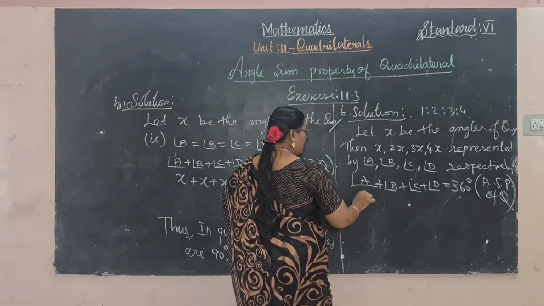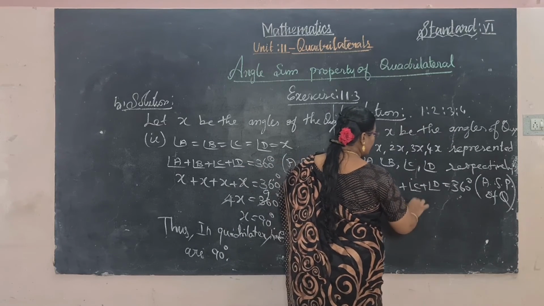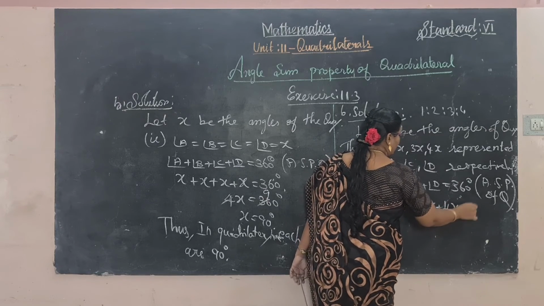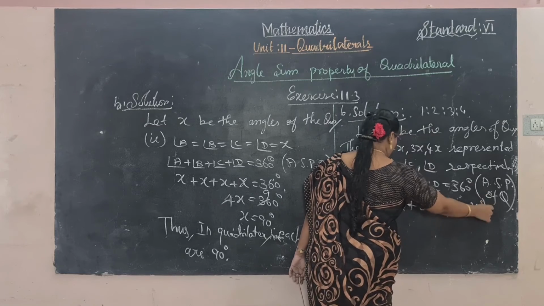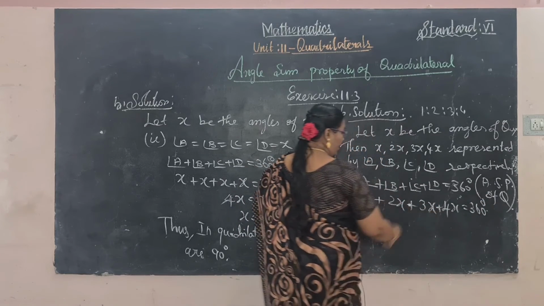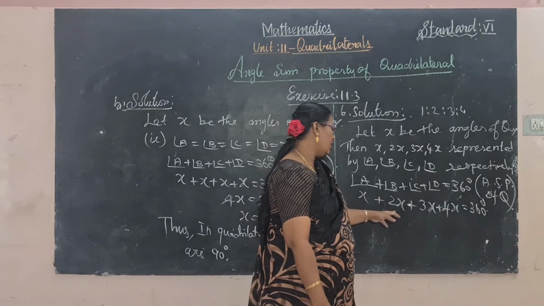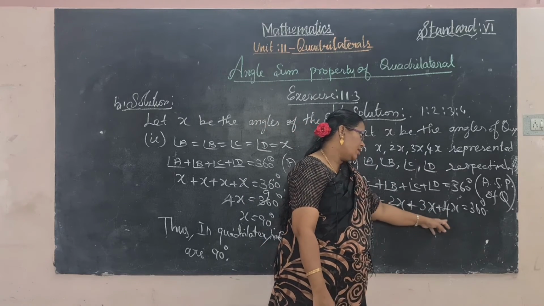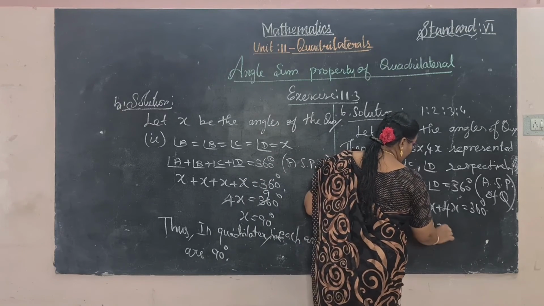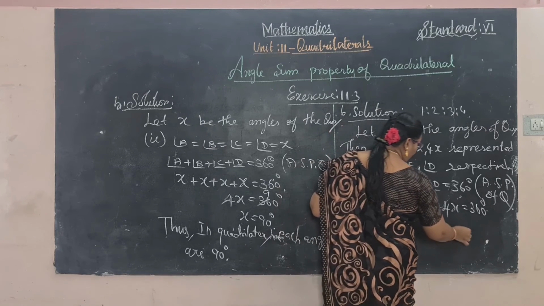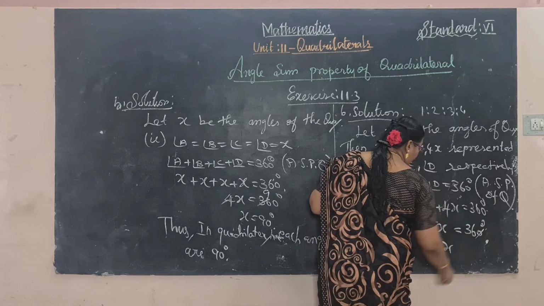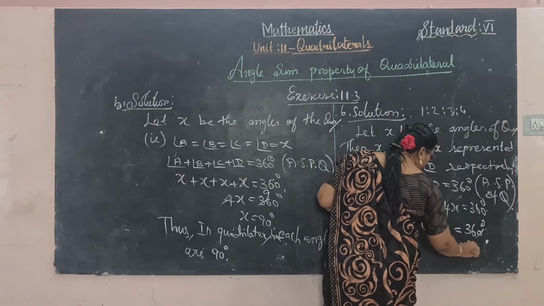So angle A is x, B is 2x, C is 3x, D is 4x, equal to 360 degrees. Adding the like terms: 3x plus 3x is 6x, 6x plus 4x is 10x. So 10x equals 360 degrees. It will be cancelled, so x equals 36 degrees.